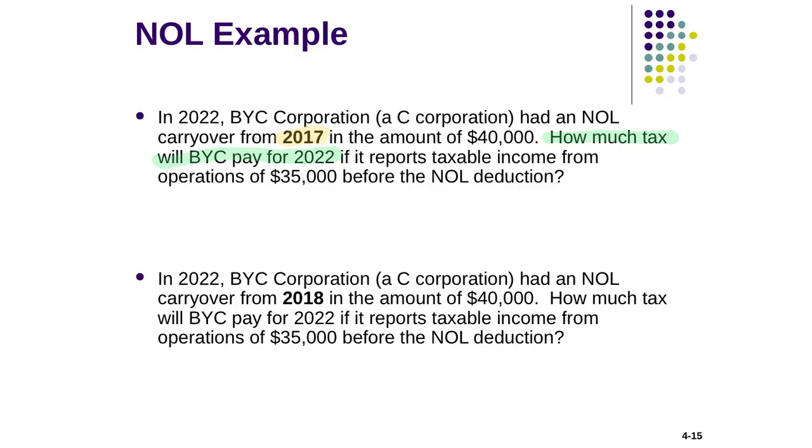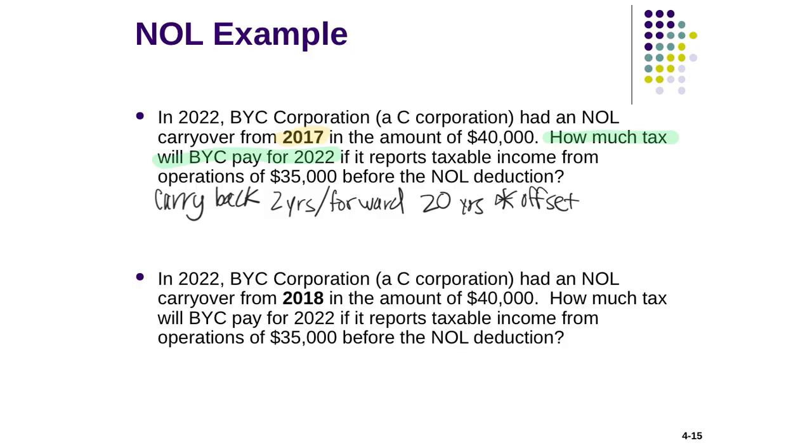So I'll add those notes out here so we have them. So we can either carry back 2 years or forward 20 years. And then the big key is we can offset 100%.